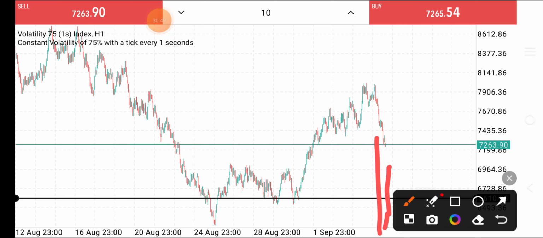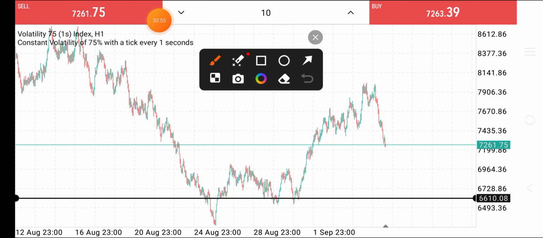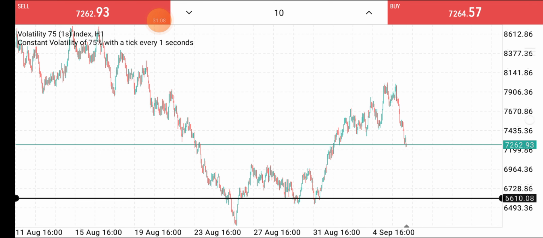We should wait for a retracement before we enter a sell. But if it doesn't break below it, it comes down to this point. Should wait for another retracement, a few retracements, then I enter a sell, or a buy. So the 1 hour is still respecting the same thing, and it also has the same liquidity.